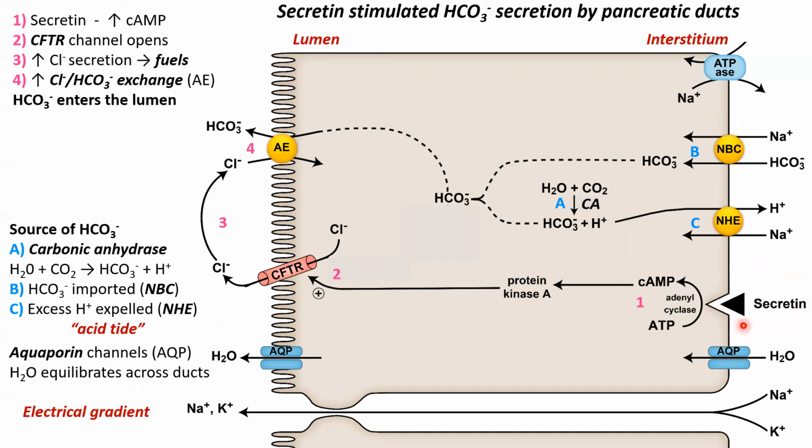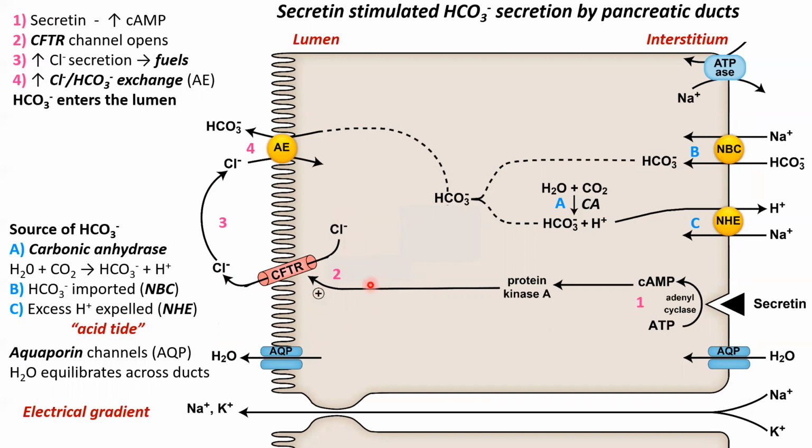There's your secretin interacting with a receptor, adenylyl cyclase, and you'll see this again and again. Adenylyl cyclase, cyclic AMP, is intimately involved with opening of the CFTR channel. Remember that? That's a chloride channel that can transport bicarb. Matter of fact, if you want to uncover things you can, but mostly we're dealing with chloride here.